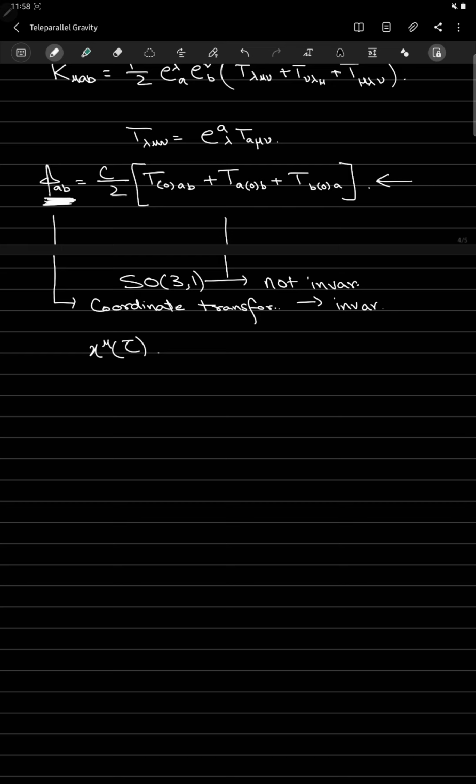right? So let's conclude this lecture over here by summarizing everything. In a nutshell, for any given set of tetrad fields for some random space-time, its geometrical interpretation can be given as follows.